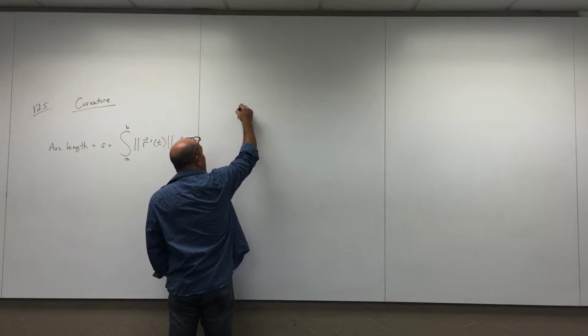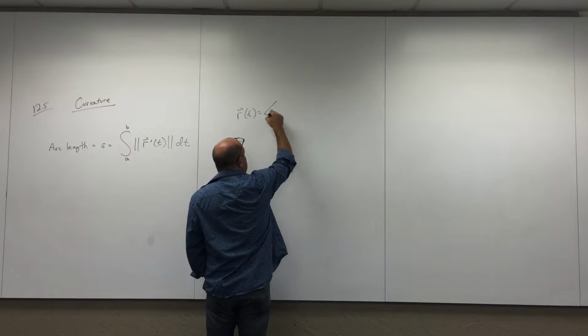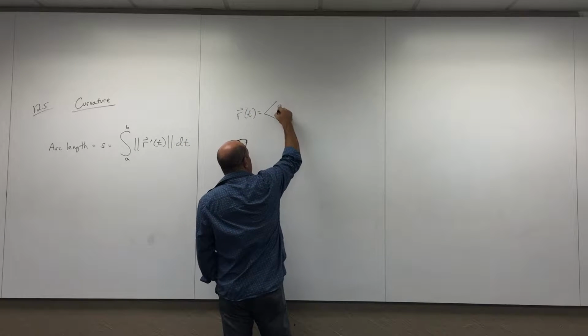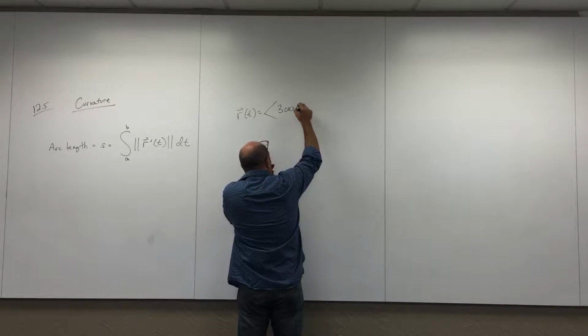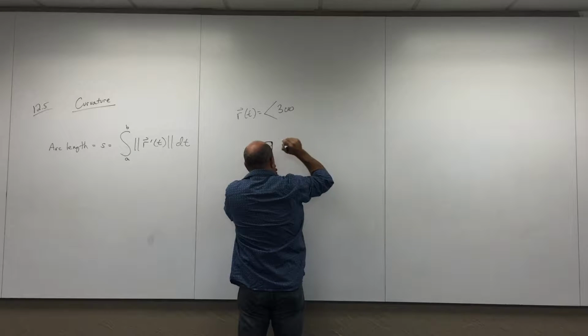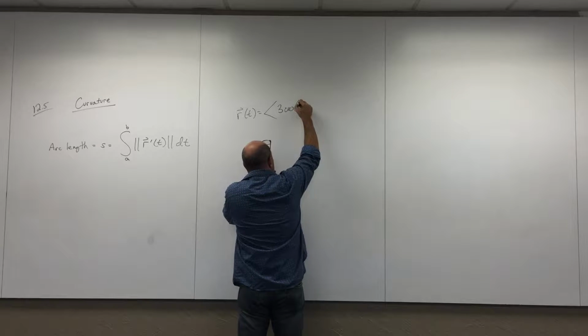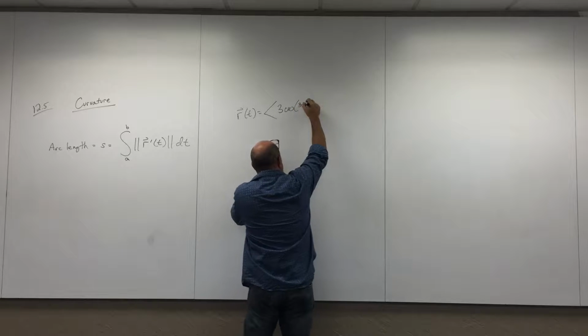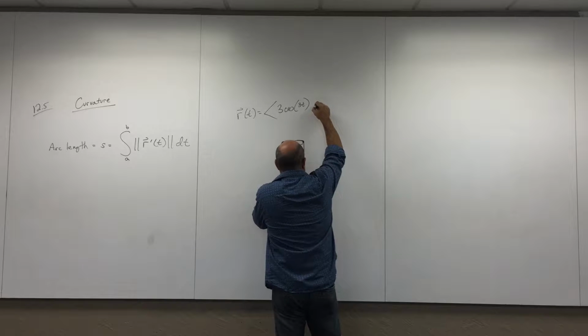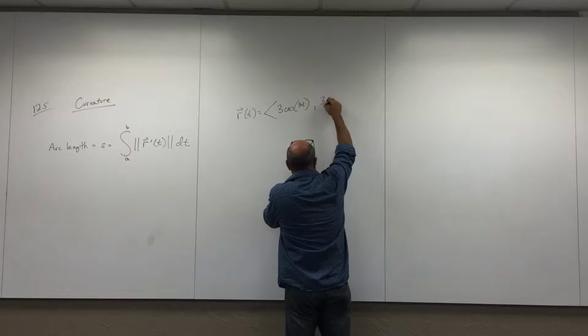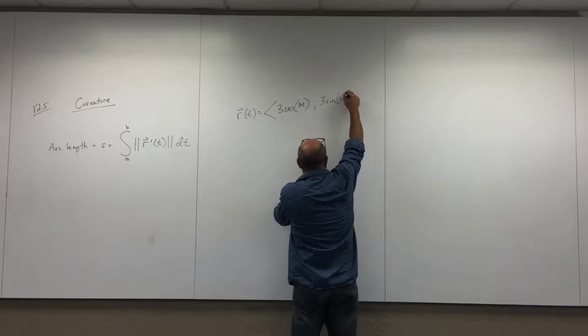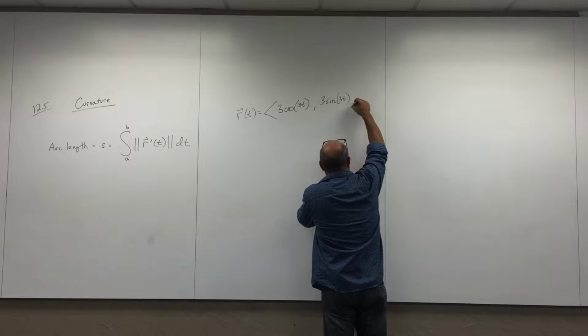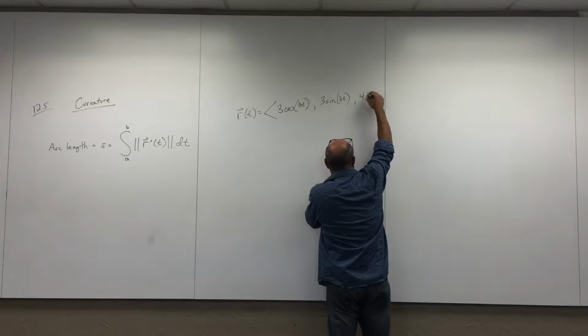Let's do r of t, a nice helix like this: 3 cosine 3t, comma 3 sine 3t, comma 4t.